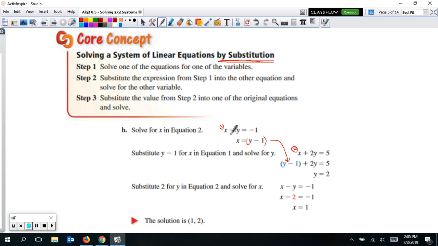So they're getting one of the variables solved. That's step number 1. They got x solved, and now x equals this expression. They're going to put that expression in for x in this equation, the second equation. And now it just has y in it, so now they're going to solve for y. They figure out, okay, y equals 2 when they solve this. And now they go back to the original equation. They're going to choose this first one.